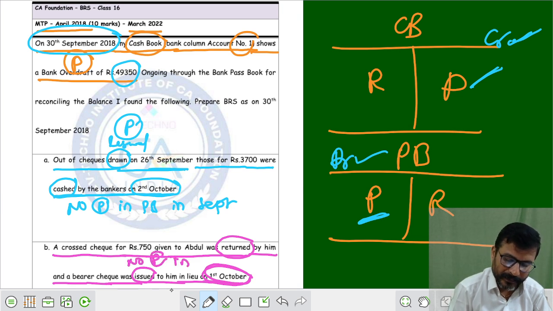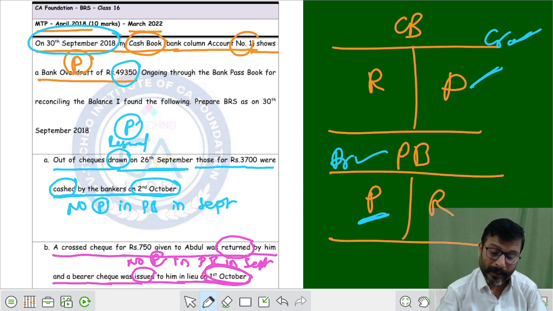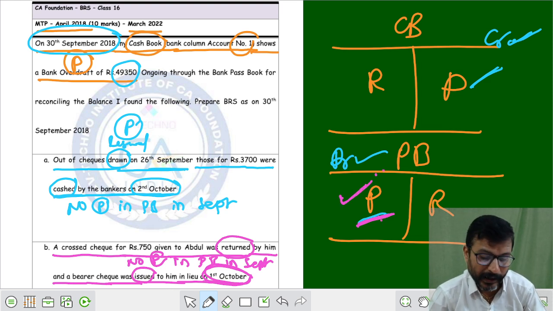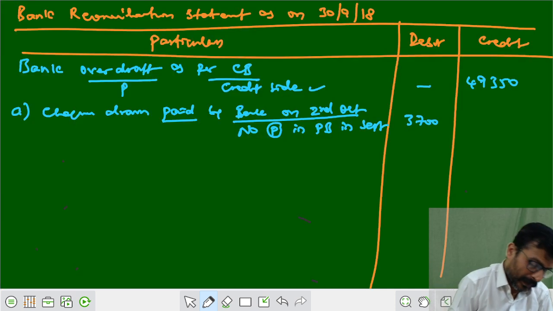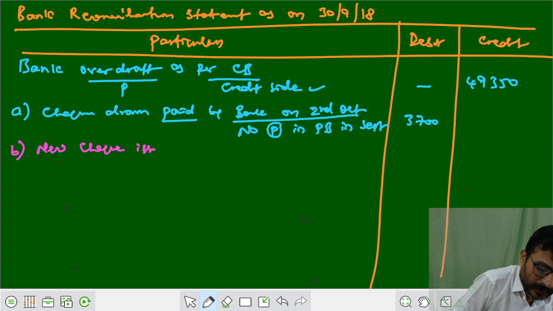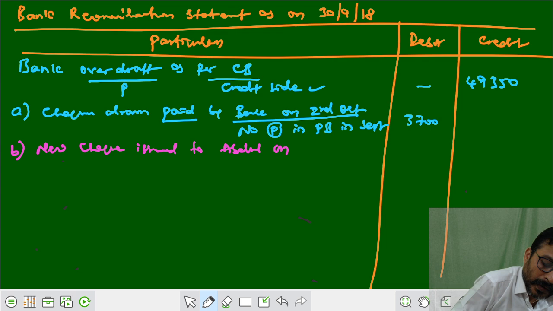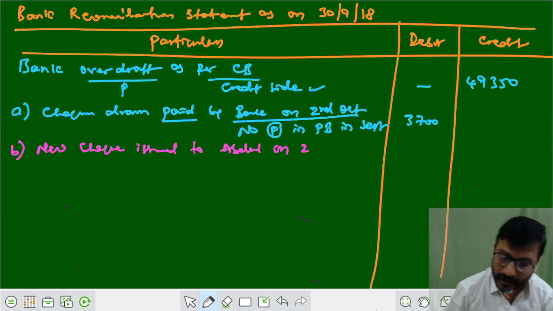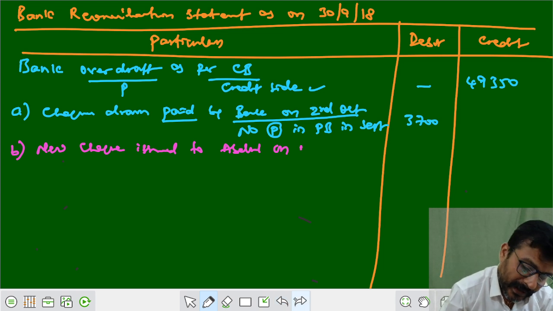What do you mean by that? No payment in passbook in September. No debit in passbook in September. So we have to take it on the debit side only. That is point number B, new check issued to Abdul on 1st October, right?